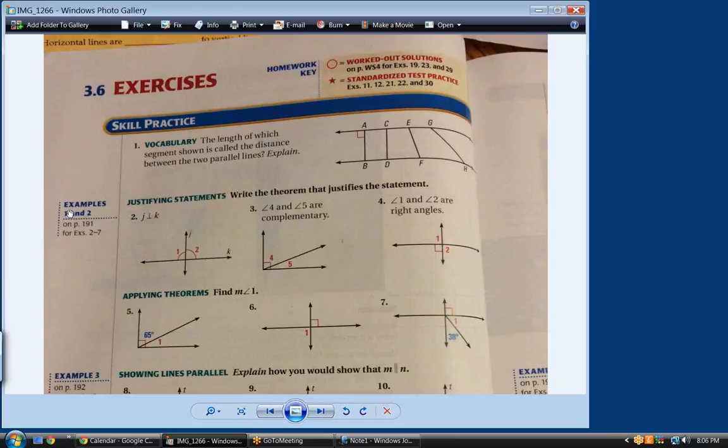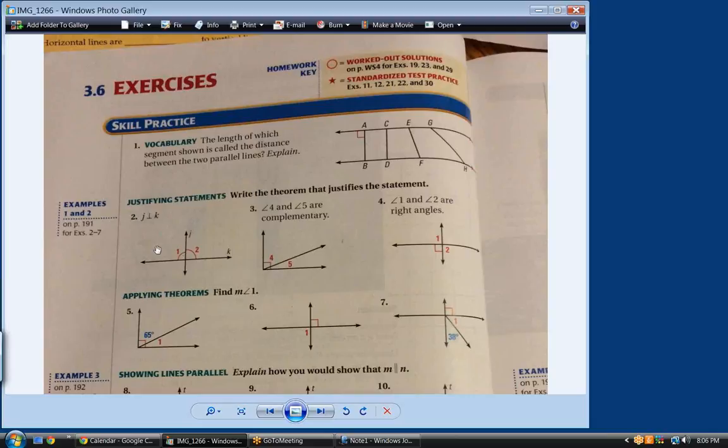Problem number two relates in my book to what is called theorem 3.1. In fact, it shows the exact same picture. It says if two lines intersect to form a linear pair of congruent angles, meaning angle 1 is equal to angle 2, then the lines are perpendicular.